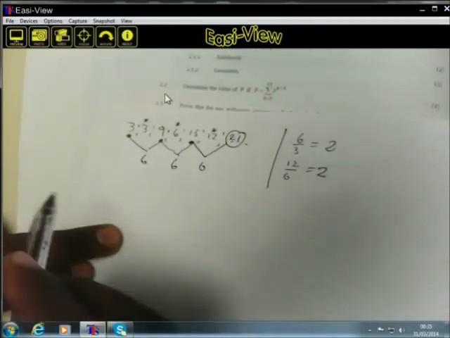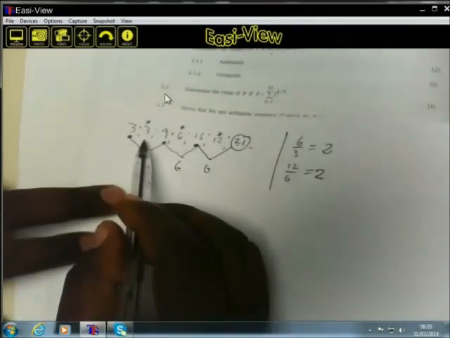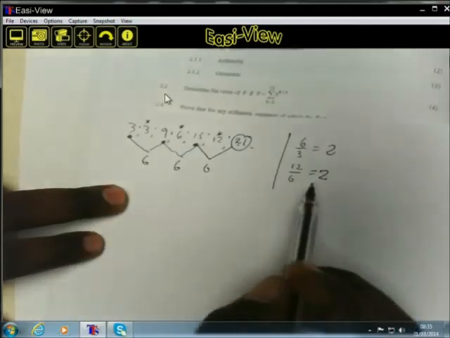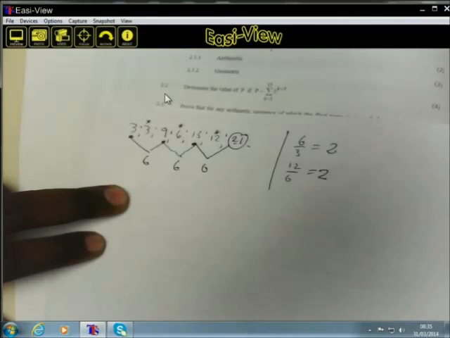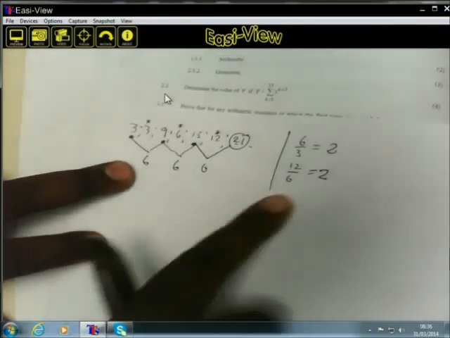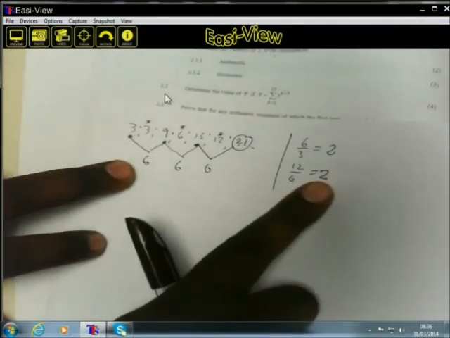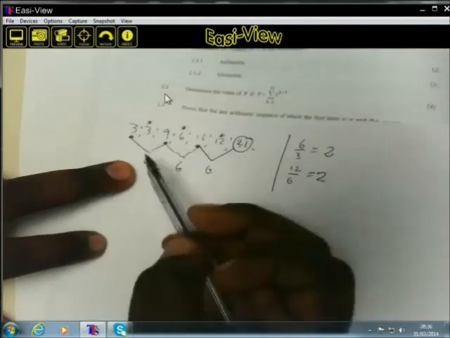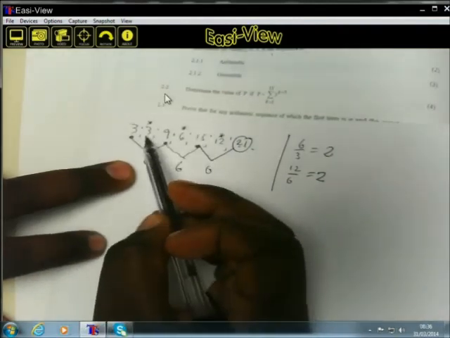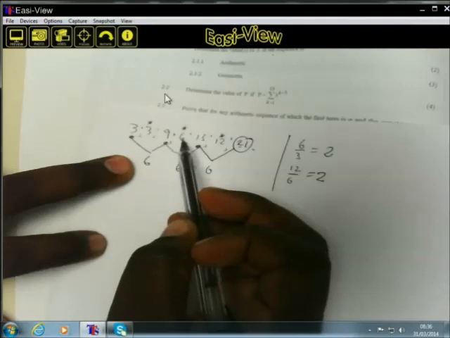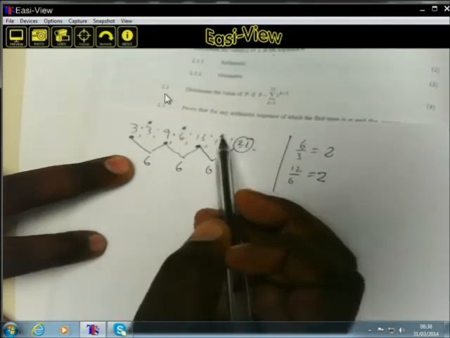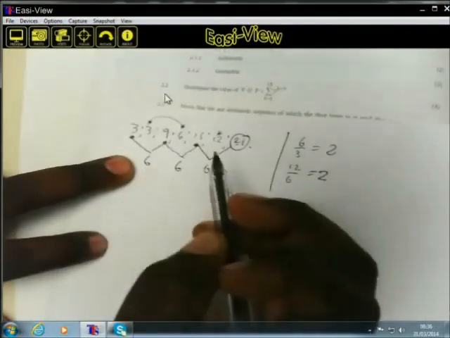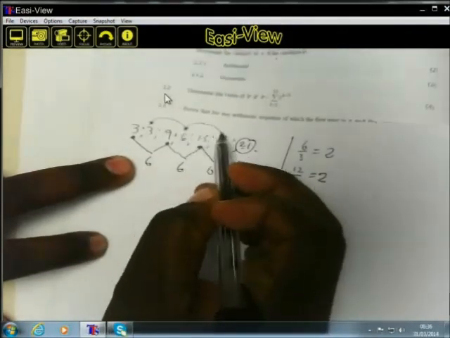And when we go to the second sequence, which is geometric, the common ratio we found to be 2, which means to get other terms of the sequence, we multiply each term by 2. So 3 multiplied by 2 gives us 6, and 6 multiplied by 2 gives us 12. So we move from 3 to 6, from 6 to 12.